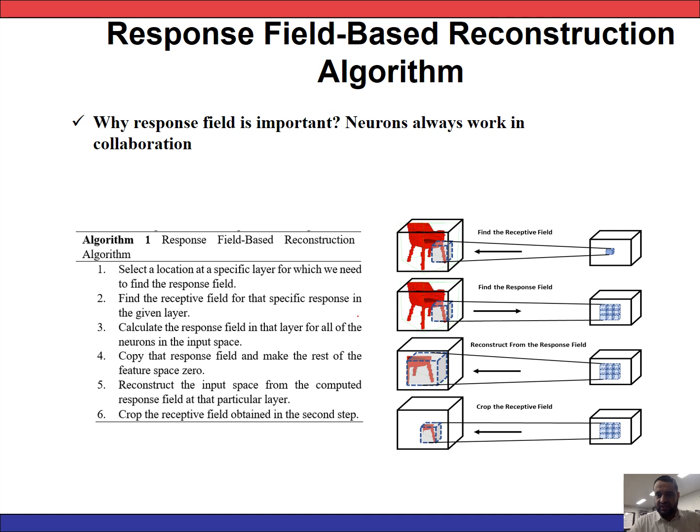If I want to find the response field of this neuron, which is in the next layer, and this is the input layer, the response field is this one. Logically, this response field should generate this whole receptive field, but that is not the case.